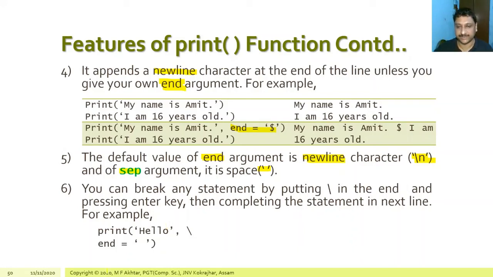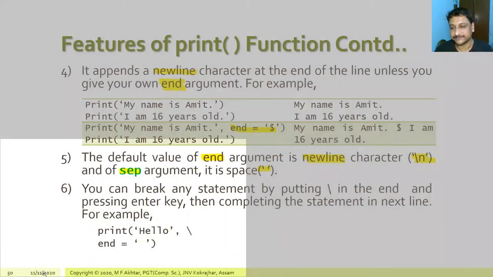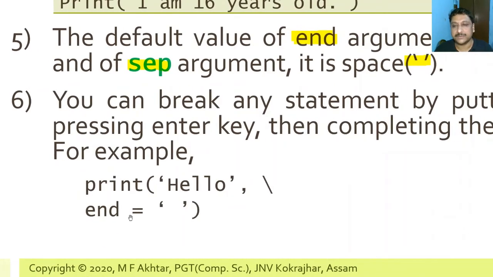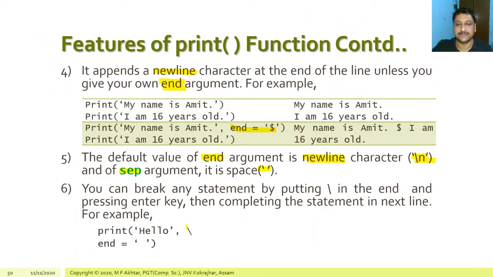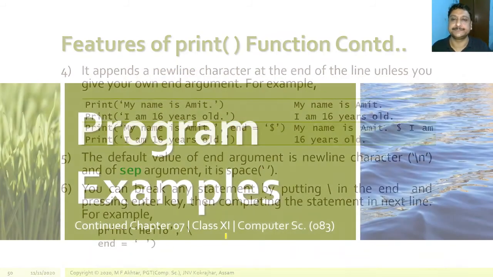Okay, this is possible. See the example here. The print statement is given here, hello, end equals space, and then it is broken into two lines. Just put a backslash here. You can give this in any statement which you want to continue to the next line, or more than one line.